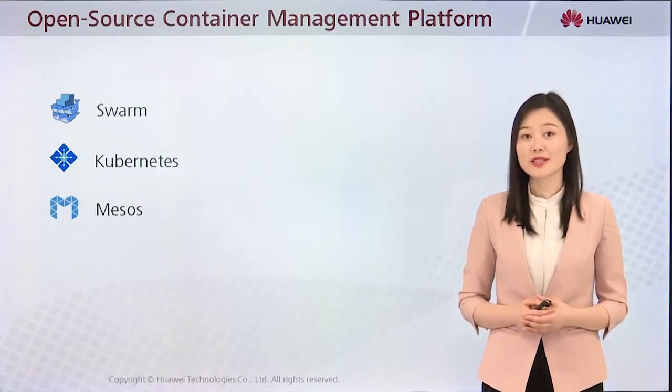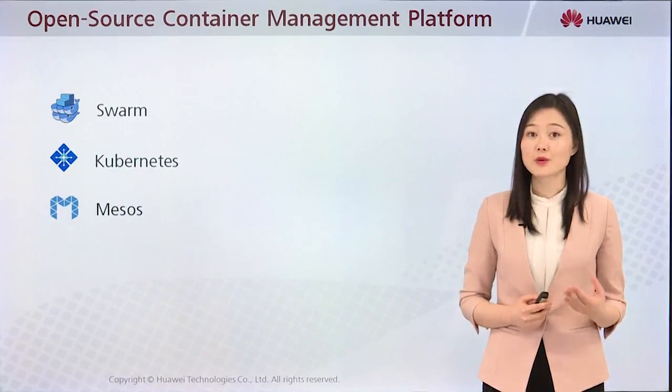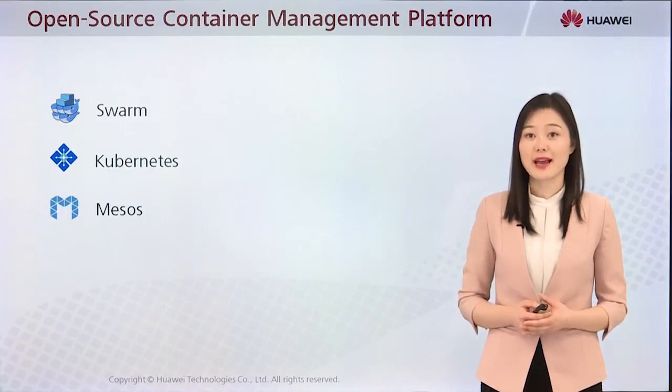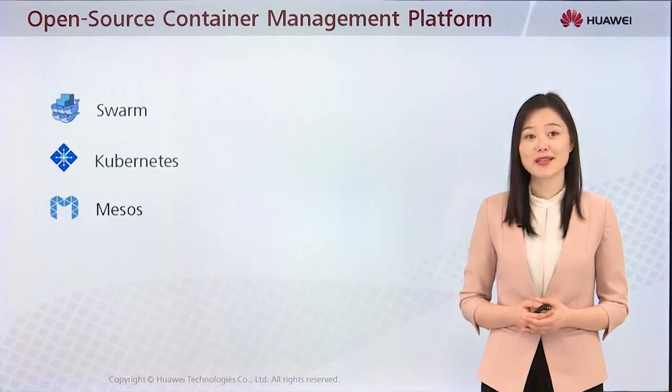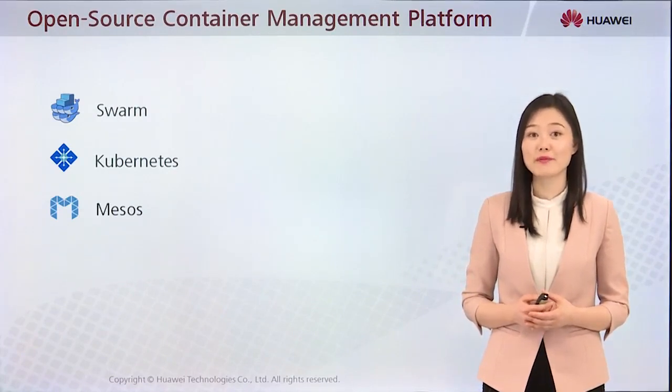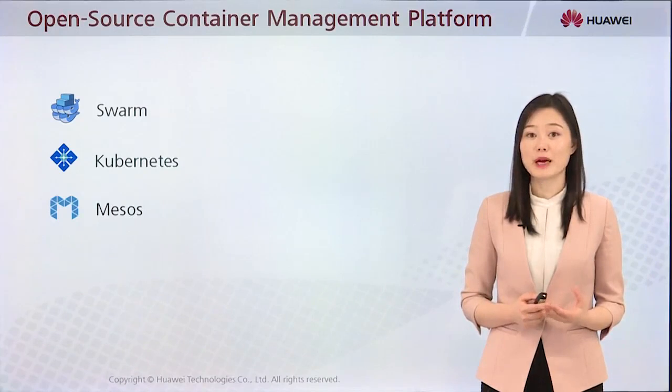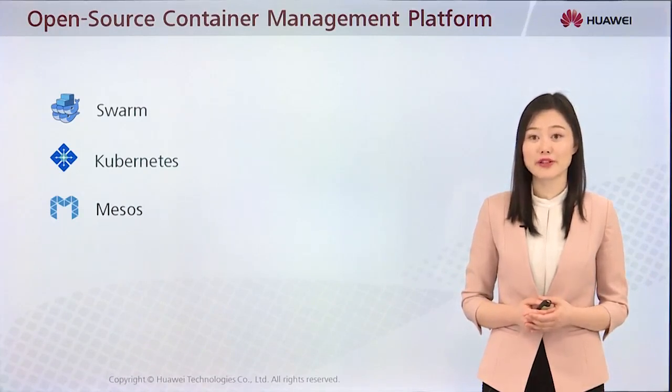There are currently 3 major open-source container management platforms: Swarm, Kubernetes, and Mesos. The Swarm project was started in 1994 in New Mexico. Swarm is now maintained by the non-profit Swarm Development Group, www.swarm.org.